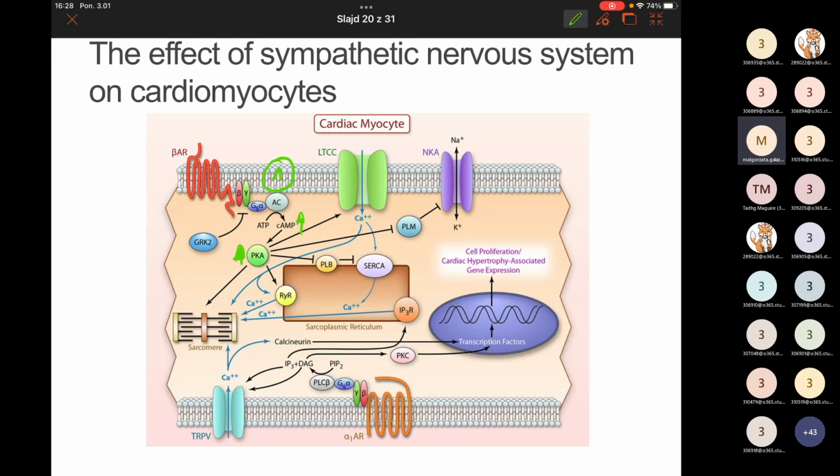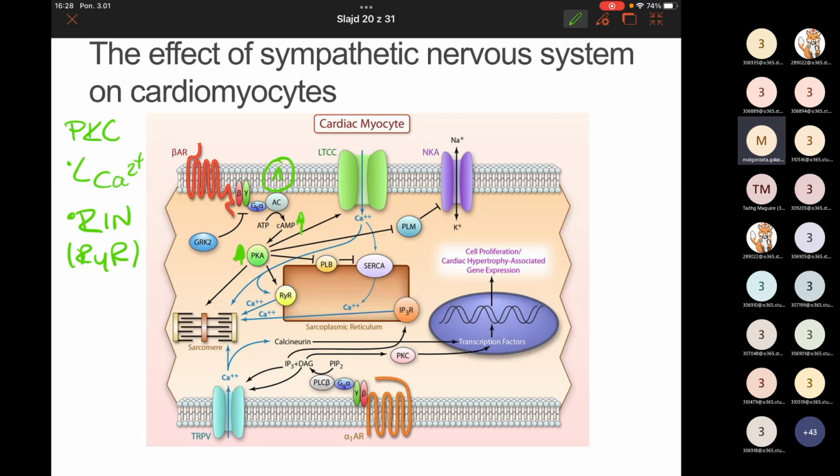It also phosphorylates ryanodine receptors, further increasing calcium influx into the cell.